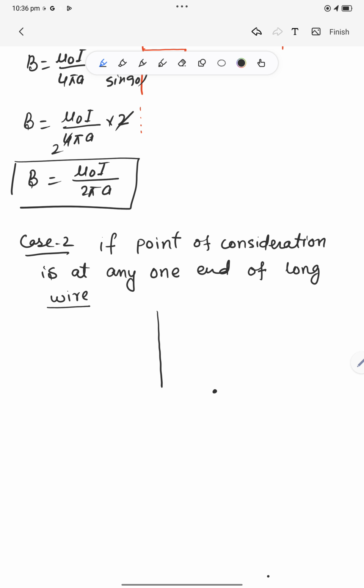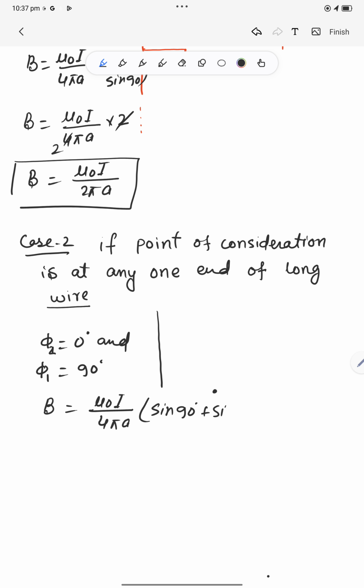In that case, one angle, phi 1 or phi 2, will be 0 degrees, any one will be 0, and the other will be 90 degrees. Then our formula of magnetic field will be mu naught I by 4 pi a, sine 90 plus sine 0, or we can say B is equal to mu naught I by 4 pi a.